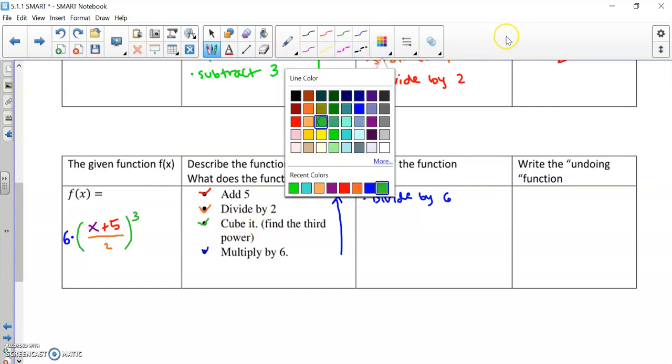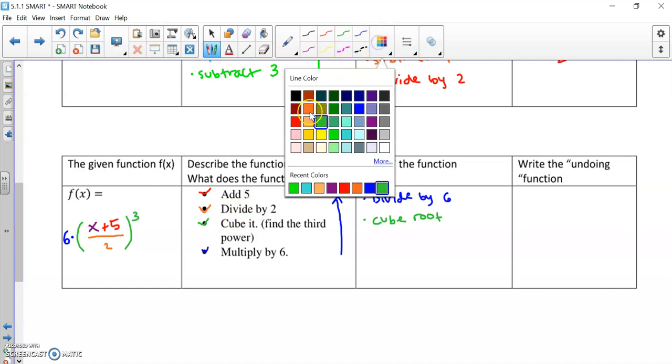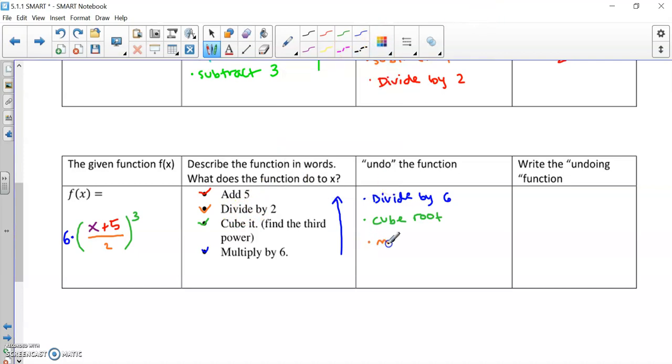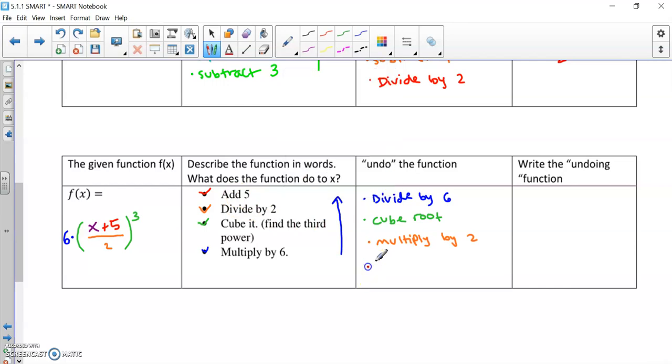So if we cubed first, the opposite is cube root, just like a square root, but with a 3 instead of a 2. And then now we have to, let's see, opposite of divide by 2. So multiply by 2. And finally, instead of adding 5, we will do the opposite, which is subtract 5.